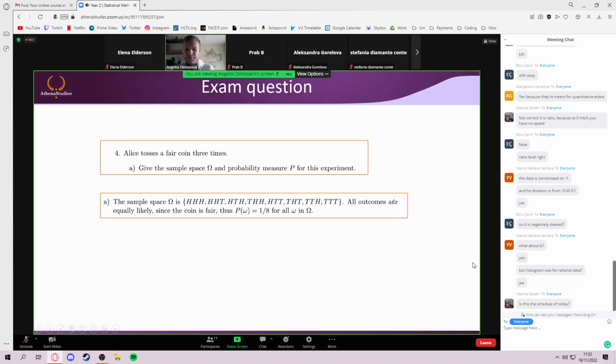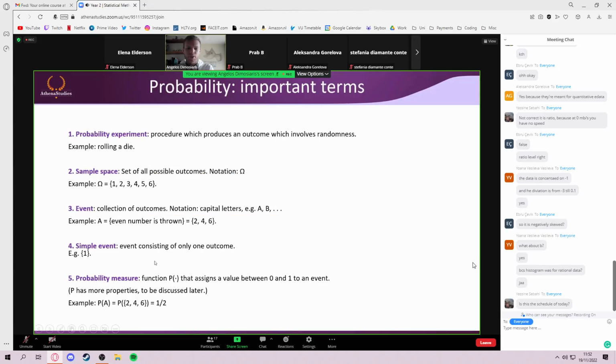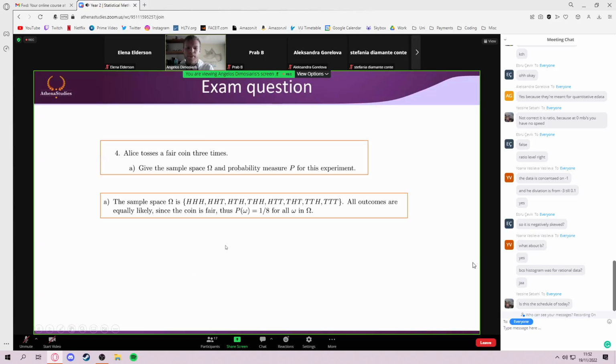And then, what's the probability measure for this experiment? All of these outcomes have equal probability to happen, right? Because it's a fair coin.